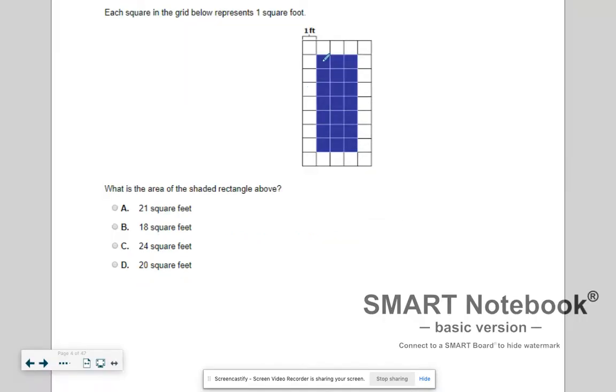Okay. 1, 2, 3, 4, 5, 6, 7, 8, 9, 10, 11, 12, 13, 14, 15, 16, 17, 18, 19, 20, 21. So you should have gotten A, 21, because all we're looking at is the shaded rectangle. So don't think we're talking about all of this white area right here. We are just looking at the shaded part.